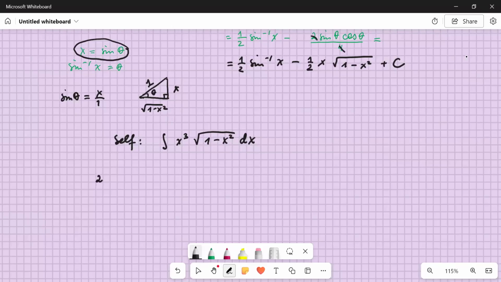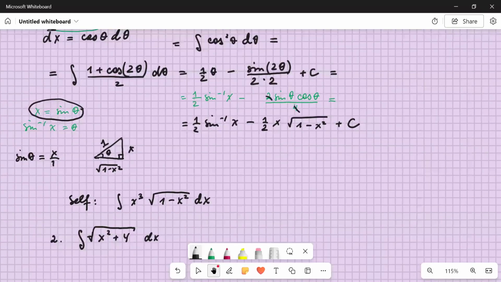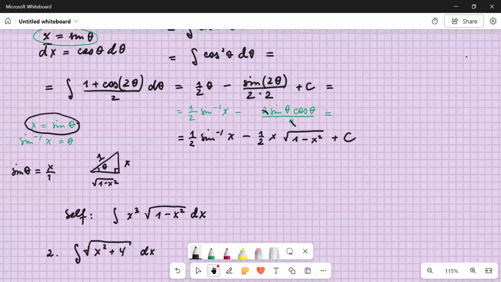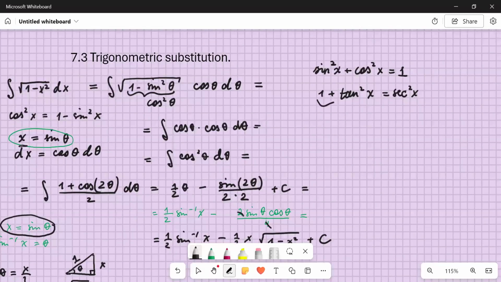Our next integral, number 2, is going to look similar, but instead of minus, it's going to have plus, and it's going to slightly change my substitution. Remember, guys, the rule of substitution is to roll an expression of 2 terms into 1 term. So we need to look at which trigonometric expression represents a sum of 2 terms as 1 term. Let's go back to our formulas. And this expression is looking like this.